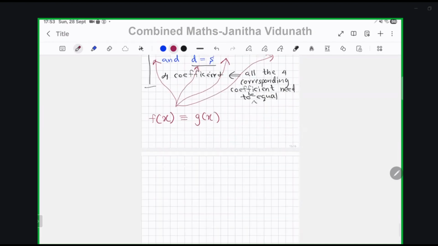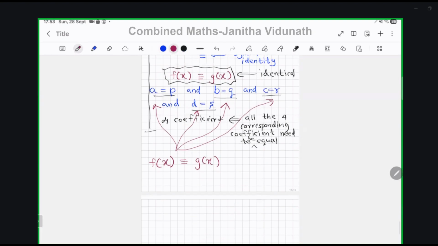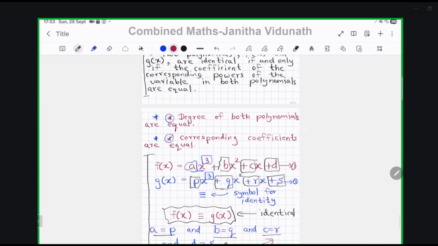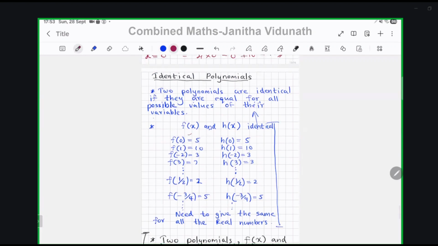Also, we can say if two polynomials are identical, then for any k belonging to real numbers, f(k) is equal to g(k). That means if we substitute any value for x, then those two also need to be equal. That means f(0) is equal to g(0) if they are identical.